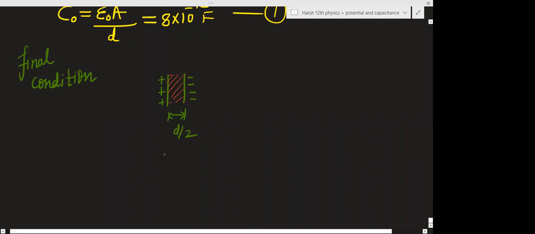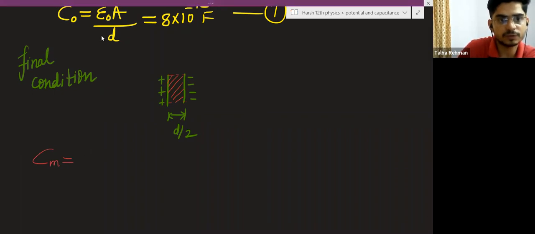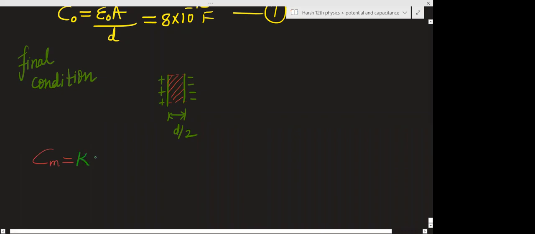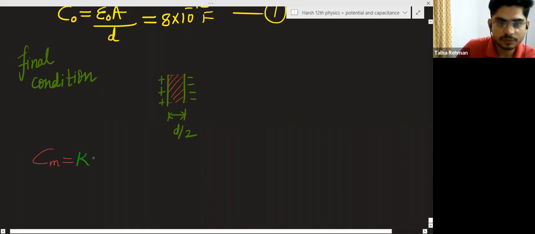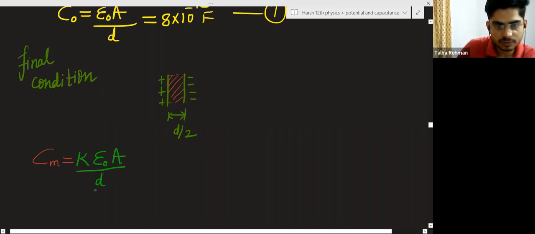So for this, the capacitance C is equal to K into C naught. C naught means epsilon naught A divided by the distance between the plates, and here the distance is d by 2.